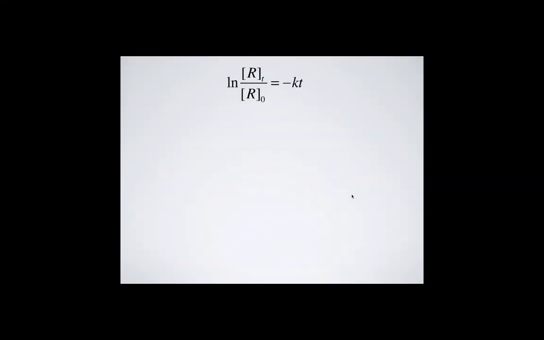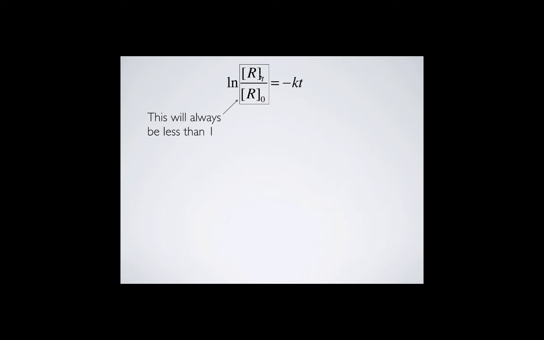So here's the equation: natural log of Rt over R0 is equal to negative kt. Let's look at some mathematical things here. This value, Rt over R0, because they're reactants, this ratio will always be less than 1, because reactants, as the reaction proceeds, will always go down, which means the greatest concentration is always at time 0.